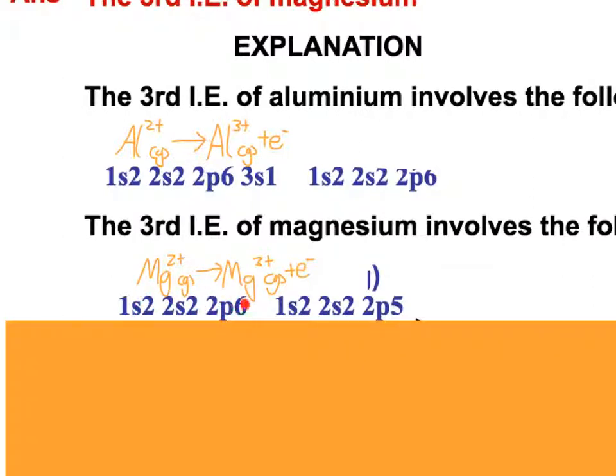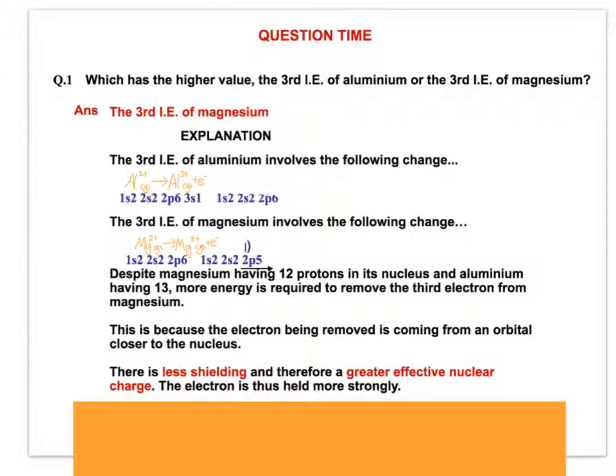So the electron you're removing from magnesium is in shell 2. The electron you're removing from aluminium is in shell 3, so which one's going to be harder to remove? It's going to be the one in magnesium, because it is closer to the nucleus and has less shielding. Therefore it requires much more energy to remove an electron from magnesium 2+ than aluminium 2+.